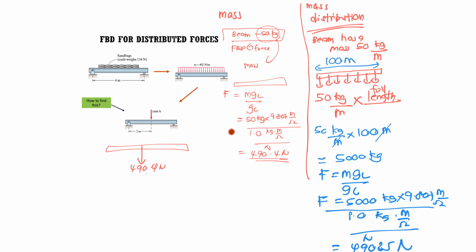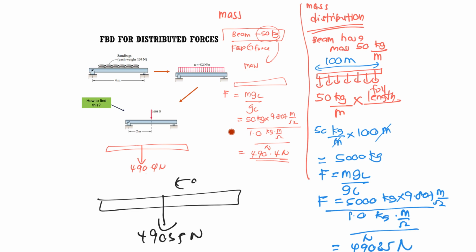Okay, and then where is the position for the mass distribution? Basically the same thing, which is at the center of the beam. So at the center of the beam, this is going to be 49035 Newton at the center, because center of mass, or the other name, center of gravity.